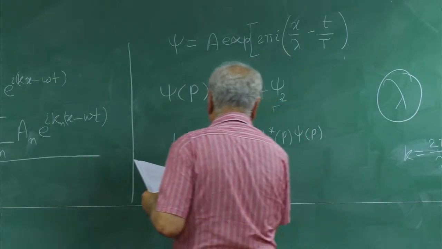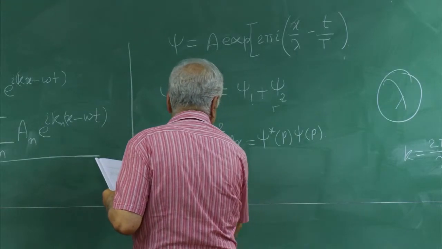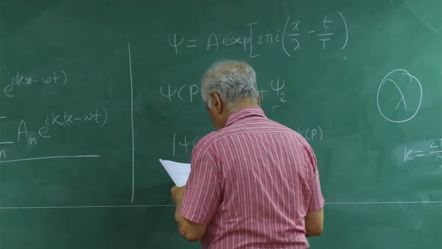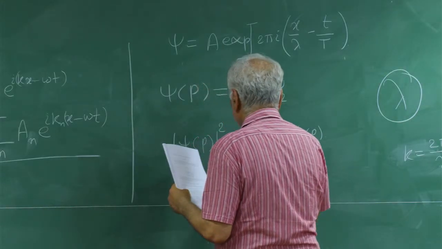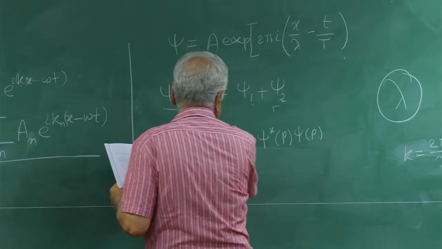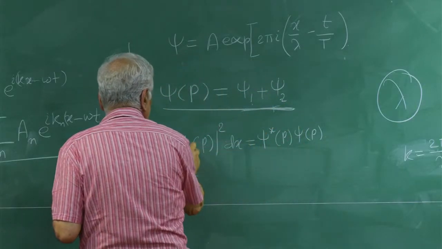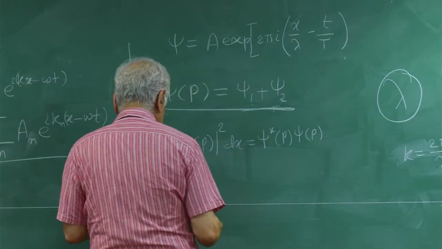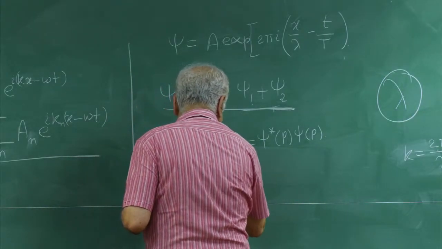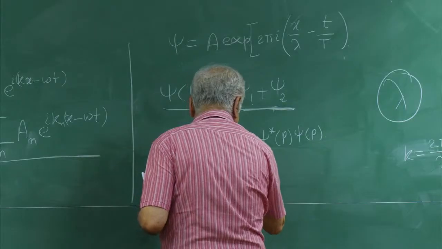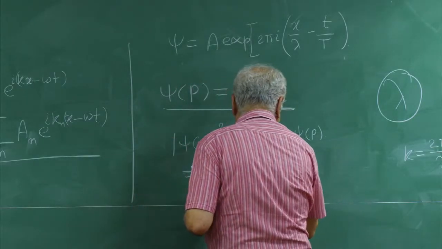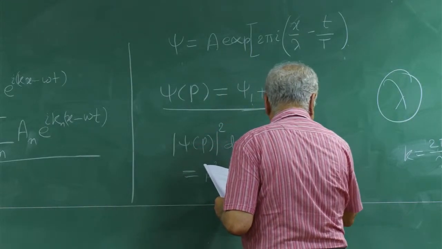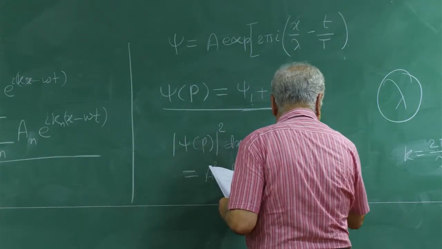This product I have to evaluate with these expressions for ψ. And the result is A1 squared plus A2 squared plus twice A1 A2, you can find out for yourself, cos of 2π.